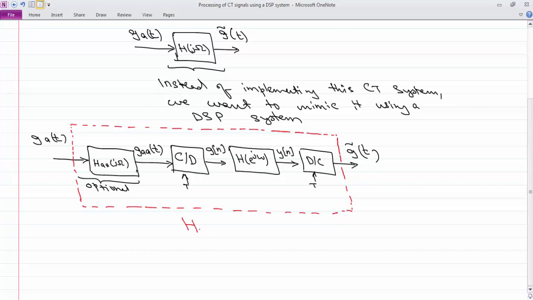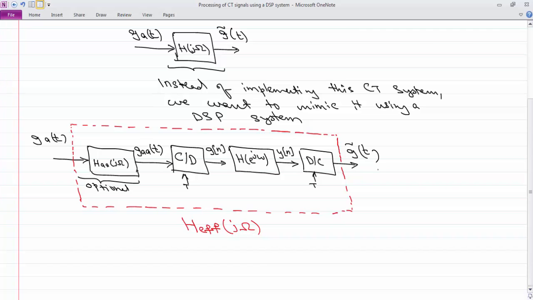You want this combination of all these blocks to have an effective frequency response, which is what you were interested in.